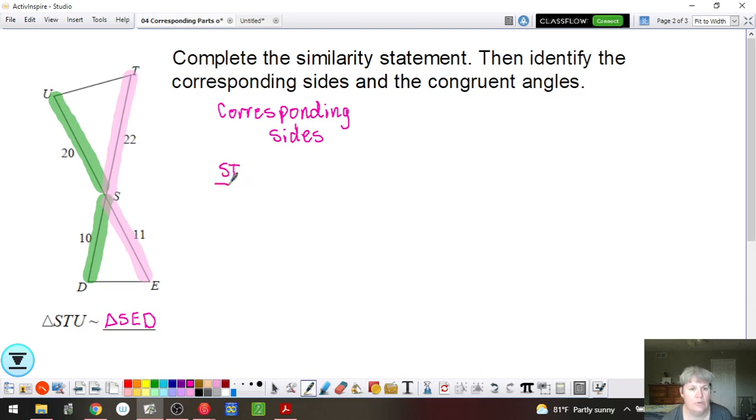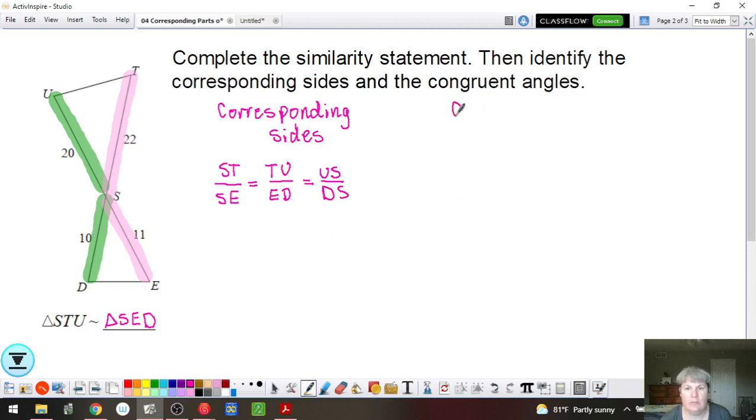ST is going to correspond to SE, and if I look at my lettering, then TU will correspond to ED, and then I have US will correspond to, last letter, first letter, DS. And those are my corresponding sides.